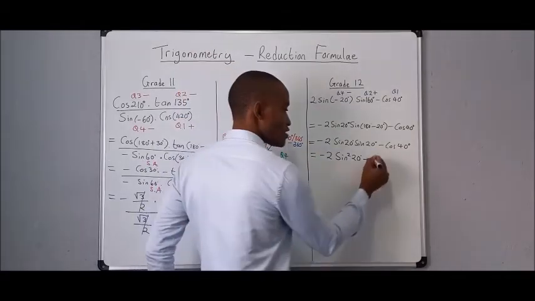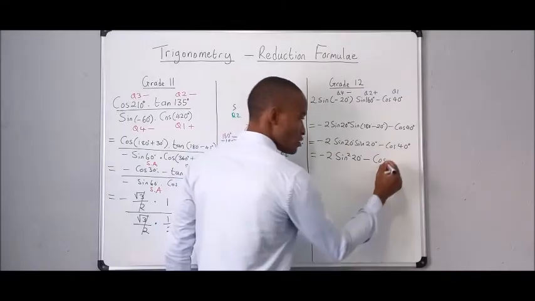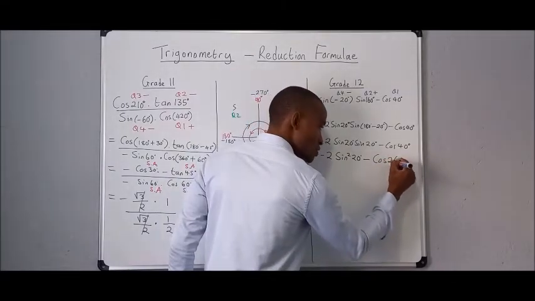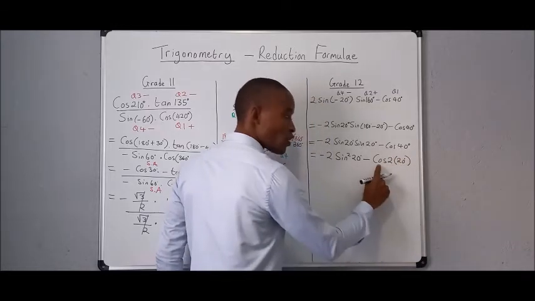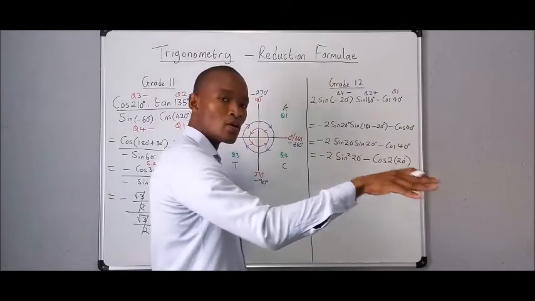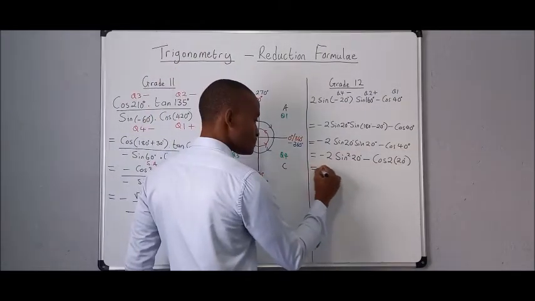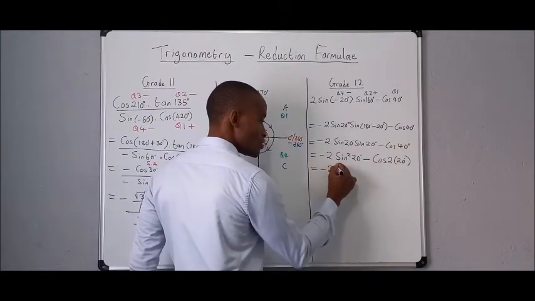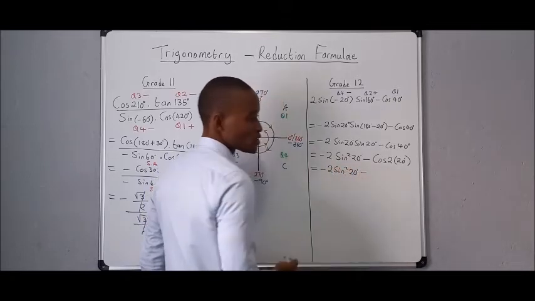However, let us show that this is indeed a double angle. 40 degrees is 2 times 20 degrees, so this is a double angle of cos. And then in the next step, we perform the expansion of this double angle identity. So this is a negative 2 sine squared 20 degrees minus what?